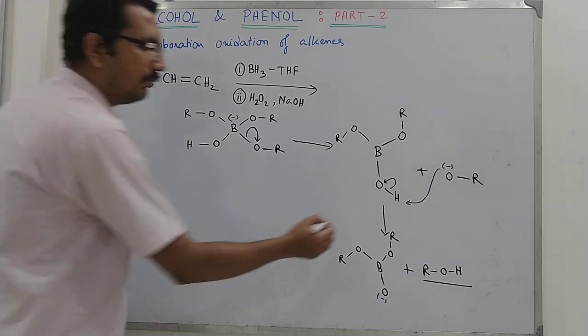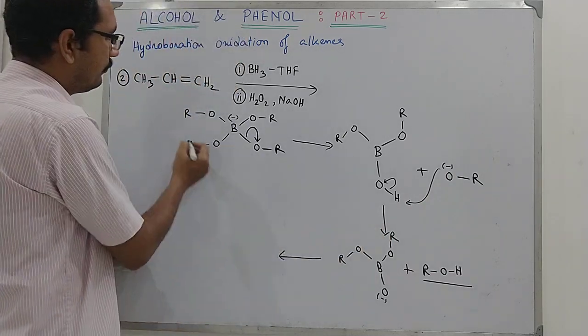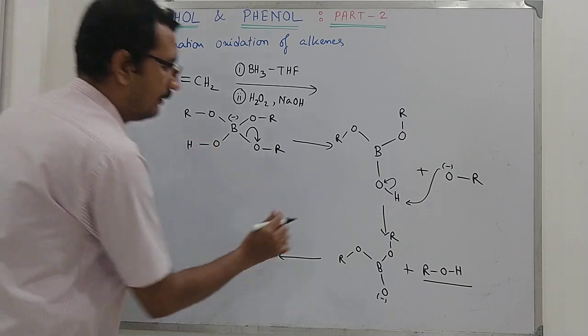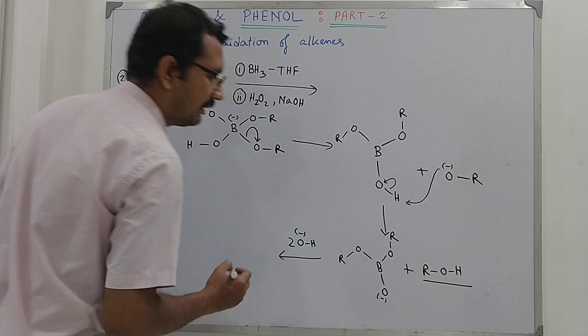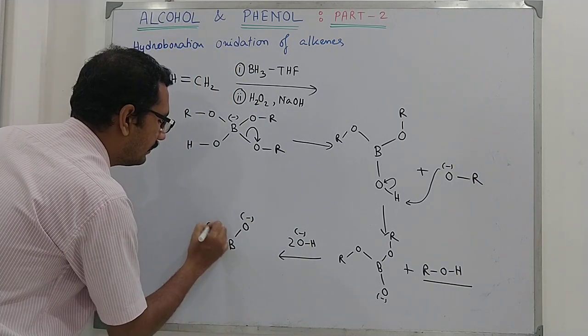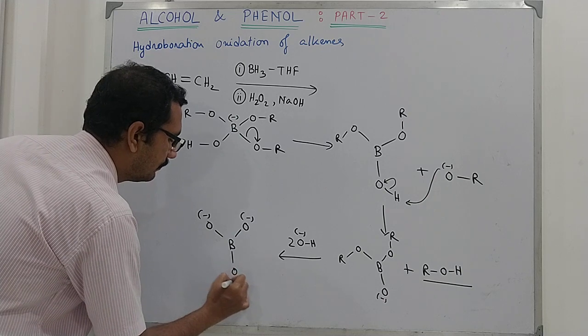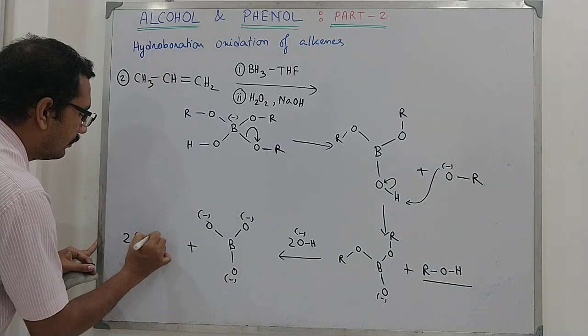Now there are two more groups, and also we have two more OH minus ions. So reaction with two more OH minus ions will give us finally this borate plus two more alcohol molecules.